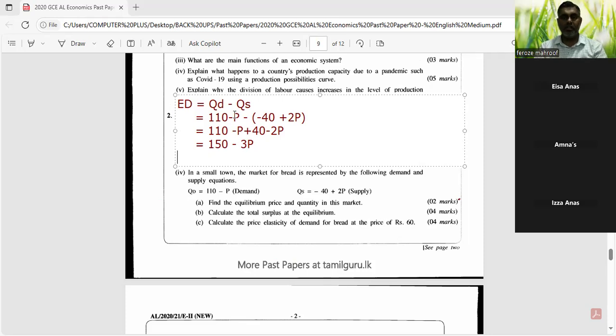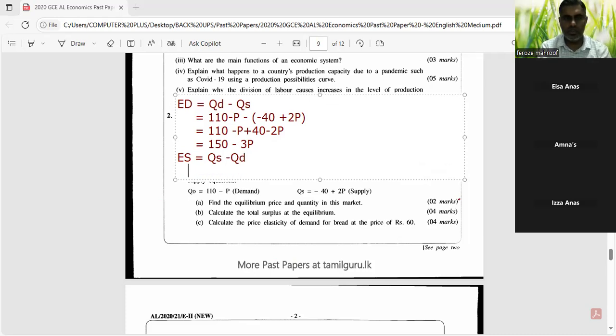In the same way, when you take the excess supply function, excess supply is equal to QS minus QD. QS function is minus 40 plus 2P, minus the demand function 110 minus P. Now we have to remove the brackets and simplify the answer.